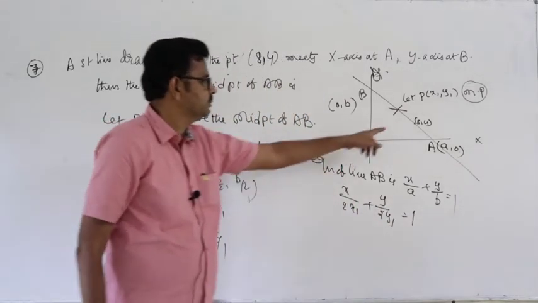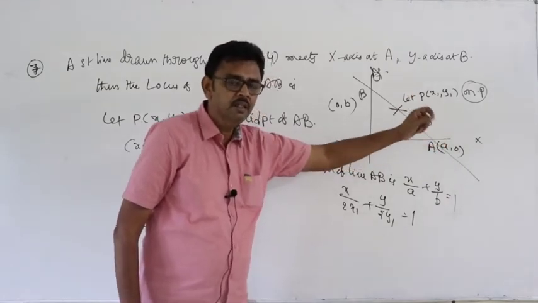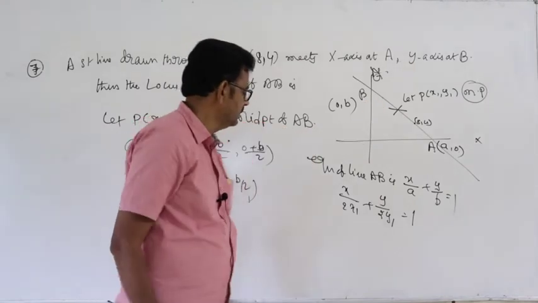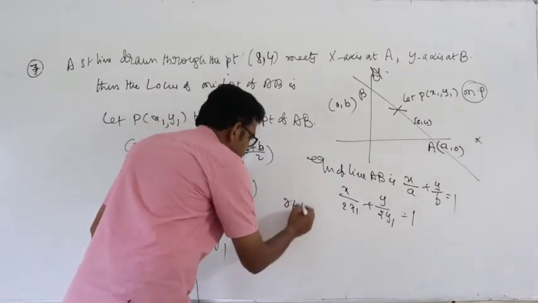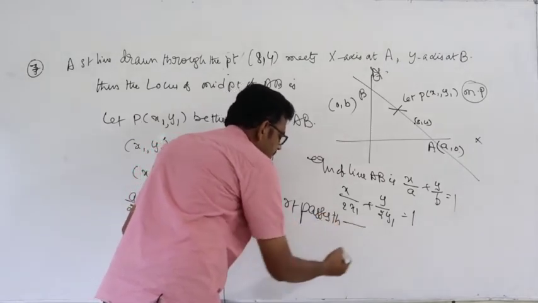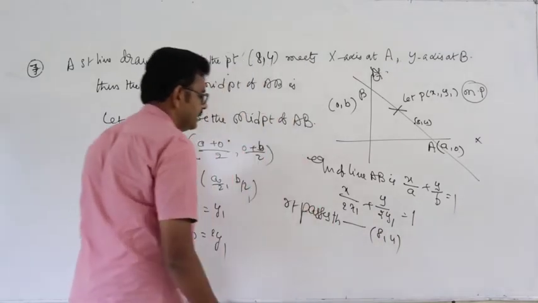The line is passing through (8, 4). Just like the previous sum, in place of x and y we write x and y1. So it passes through the point (8, 4), in place of x and y.